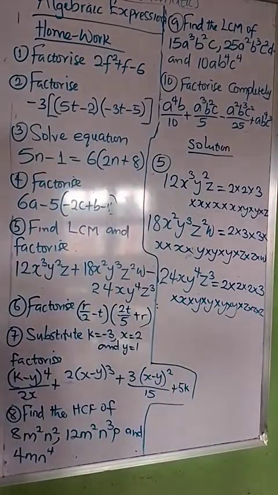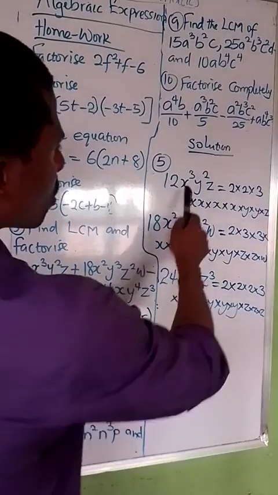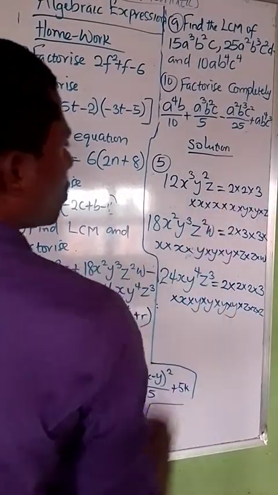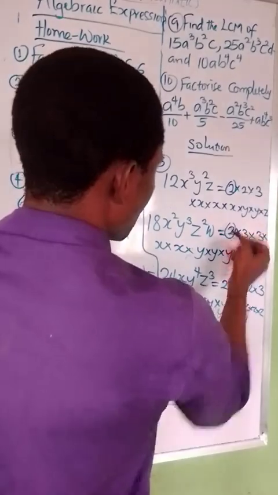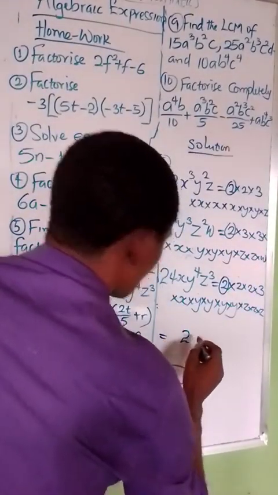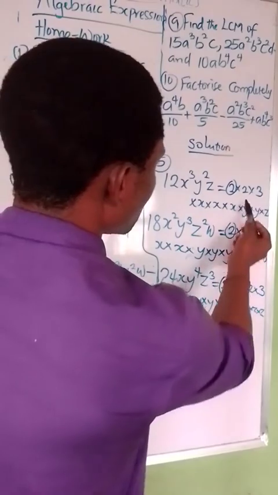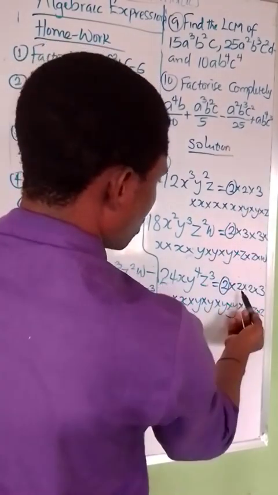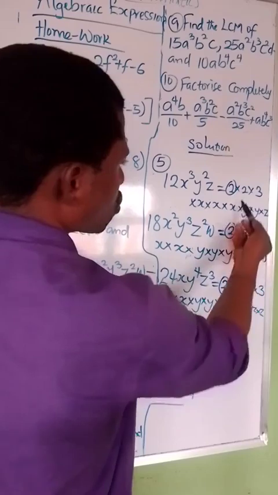So now we are going to look at these numbers. Which one is common? Look at the factors that are common. 2 is common here, and there's also 2 here, and also 2 here. So you put it out. 2 is common. Do we still have 2 in the next one? No. But because we don't have 2 in all of them, we can't use 2 again.